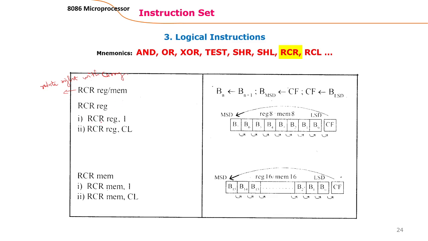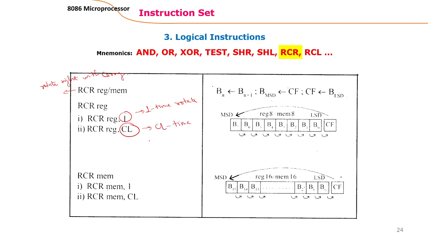It's like RCR register comma 1. That means, similar to a shift, we are rotating with the carry, and this one indicates that we should be rotating one time. If it is RCR register comma CL, that means we need to rotate CL times.